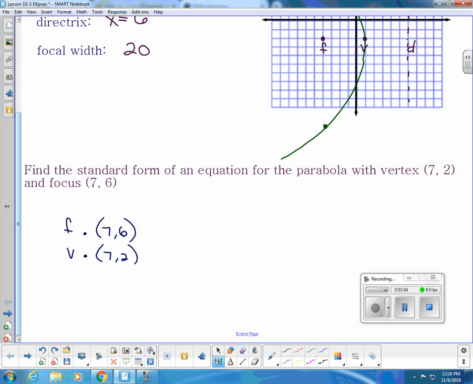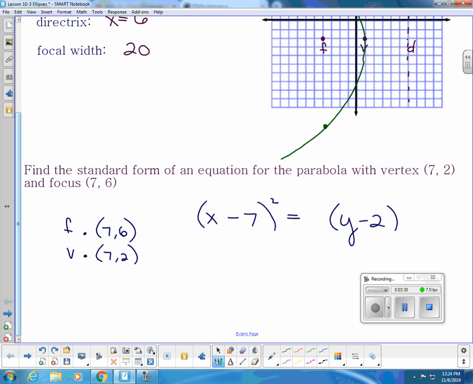So am I opening up, down, right, or left? Up, because the focal point is above the vertex. So if I'm opening up, that means what's squared, x or y? X. We already have our vertex, so I can put that in. Remember, x minus the x part, y minus the y part.